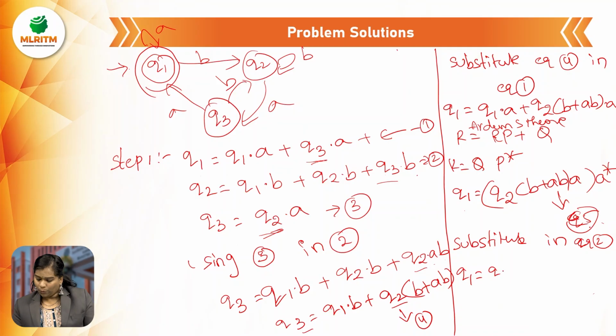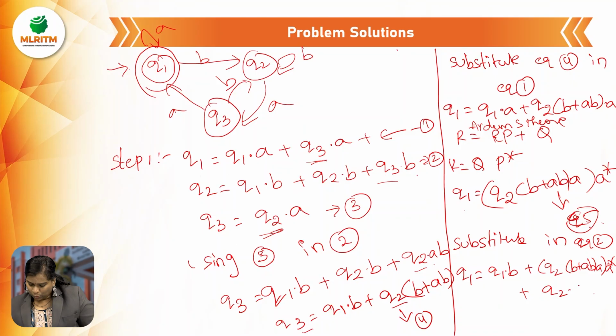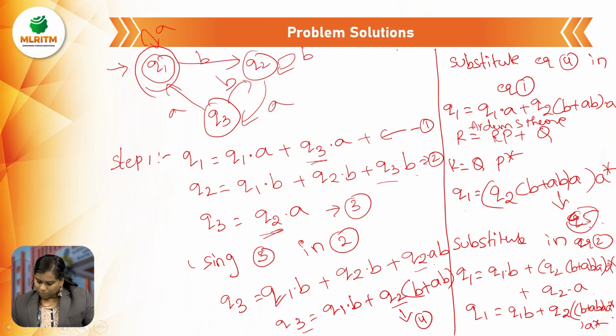Q2 is equal to Q1 dot B plus, in the place of Q1 substituting, Q2 times B plus AB, A star, plus Q2 dot A. Q2 is equal to Q1B plus Q2 times B plus AB, A star, again A star.